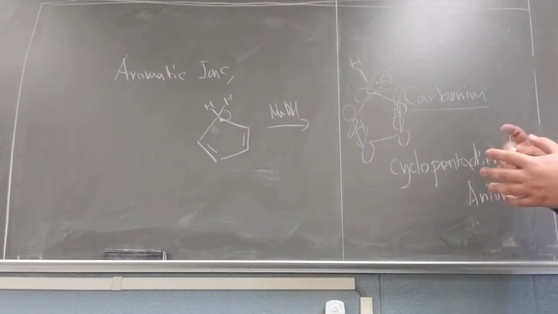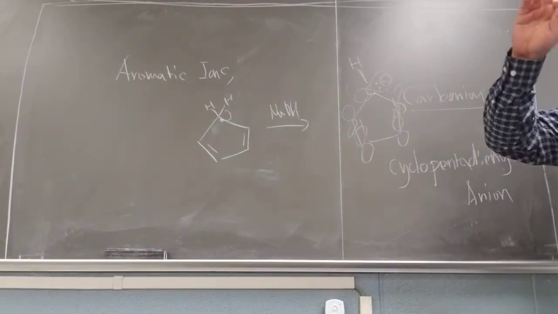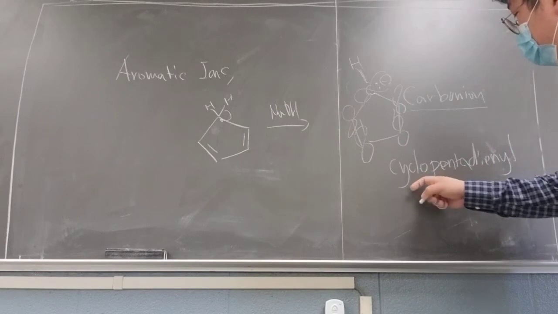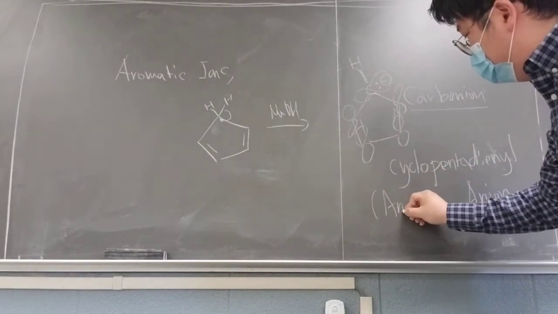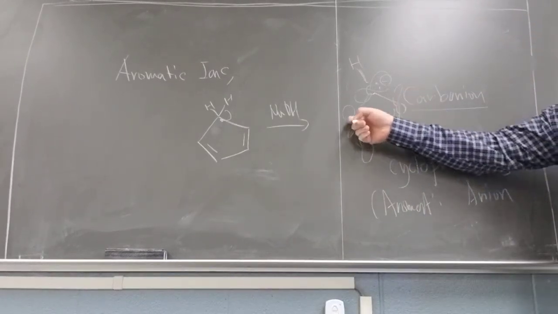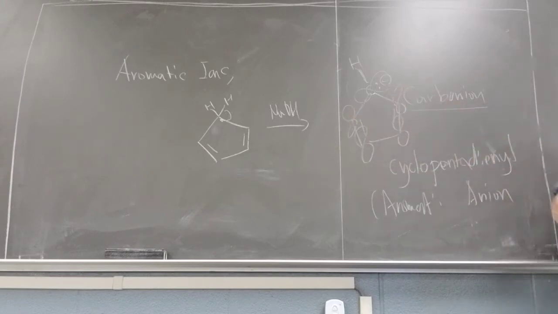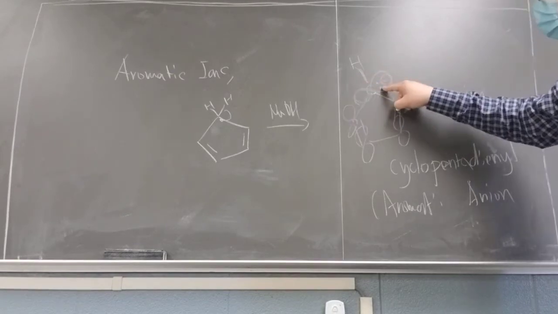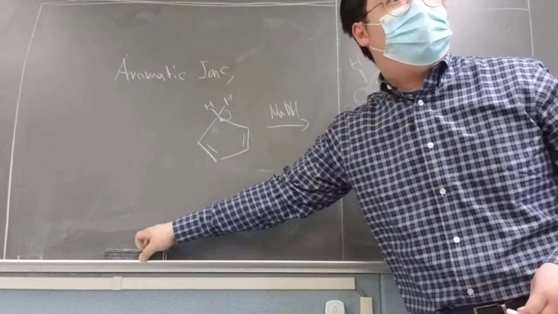The point is that the lone pair is located in the p orbital, so this cyclopentadienyl anion also becomes aromatic. You're asking, what do you mean? We only have 4 pi electrons here, but like I said, you have a lone pair on this carbon, and these 2 electrons are located in a p orbital, so it can also be conjugated.